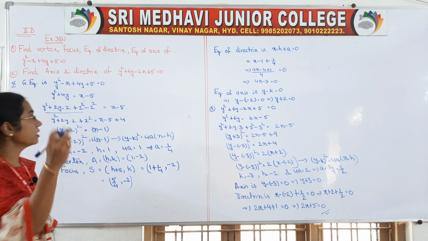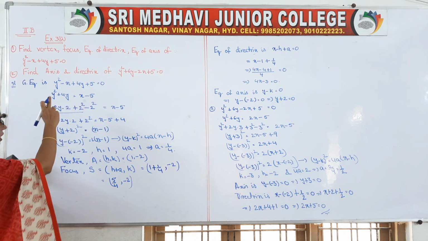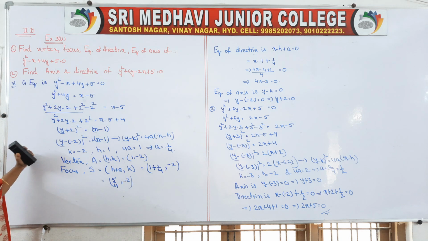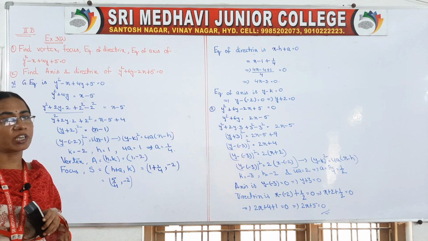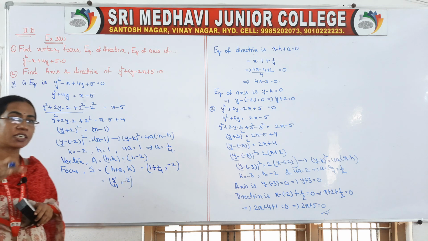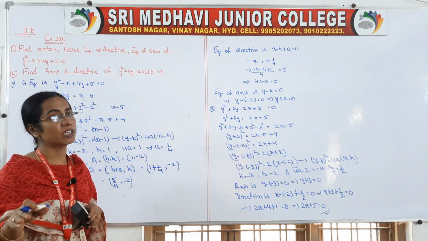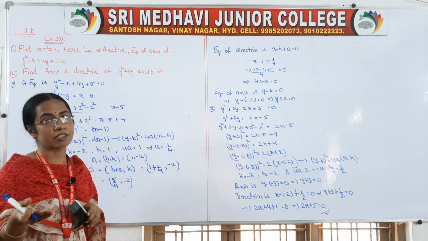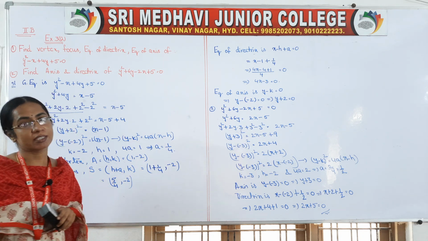Very simple. Whenever the equation contains y square term, y term, x term, try to convert that into y minus k whole square is equal to some value into x minus h. Suppose the equation contains x square term, x term, y term, try to convert that into x minus h whole square is equal to something into y minus k.